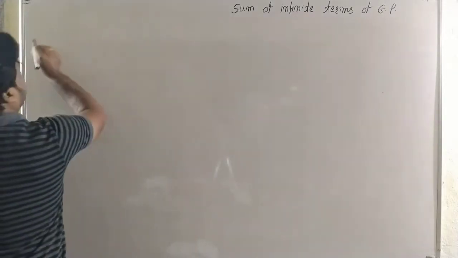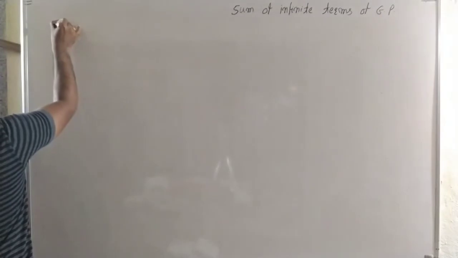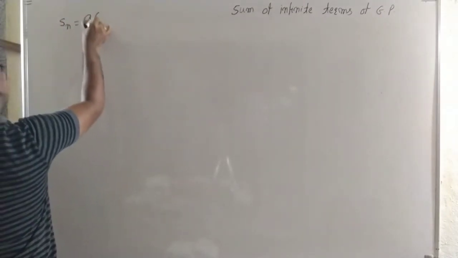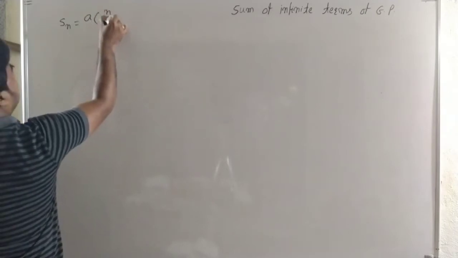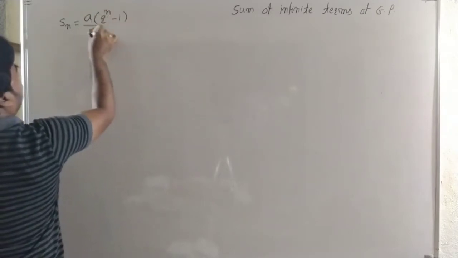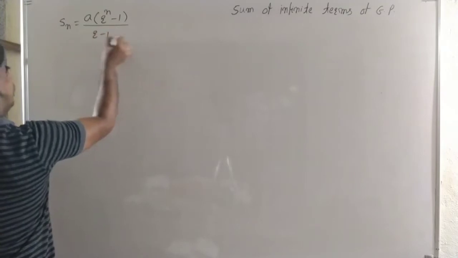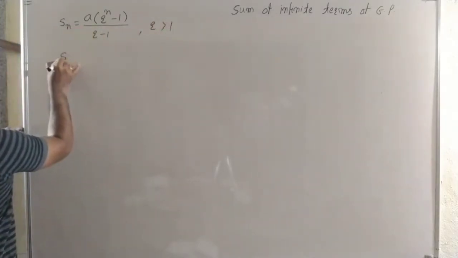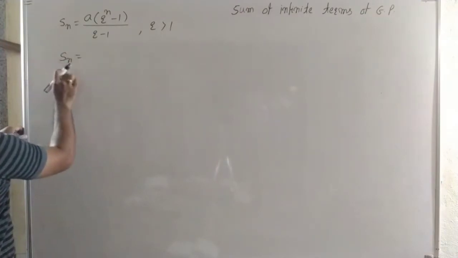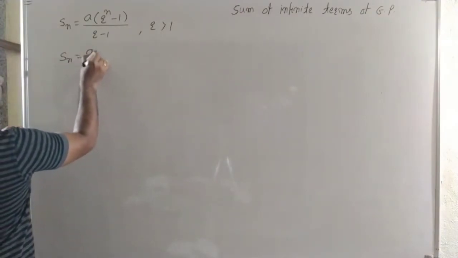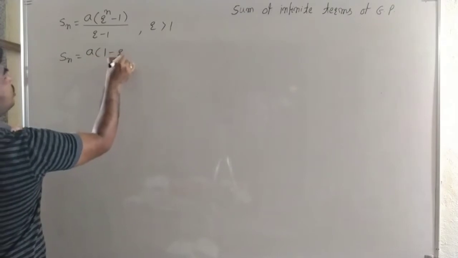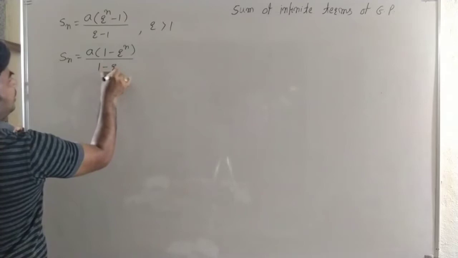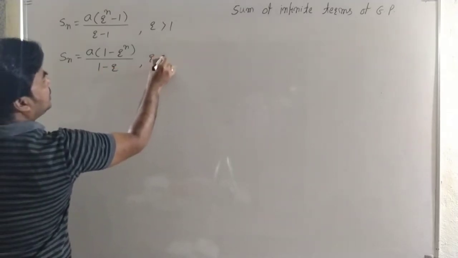Here, see carefully. The sum of the first n terms, Sn, is equal to a into r to the power n minus 1 upon r minus 1 when r is greater than 1, and it is a into 1 minus r to the power n upon 1 minus r when r is less than 1.